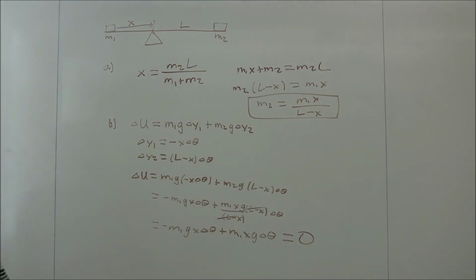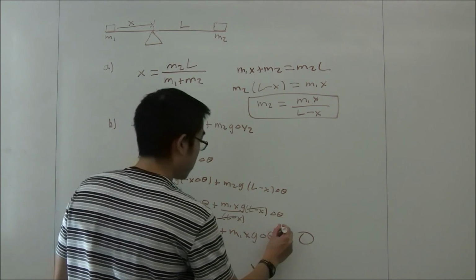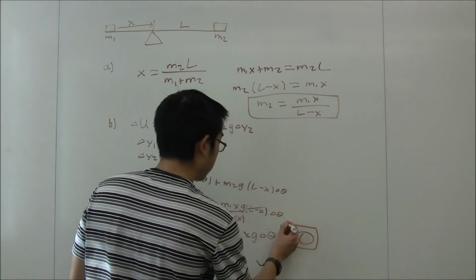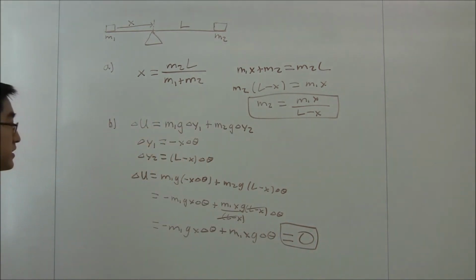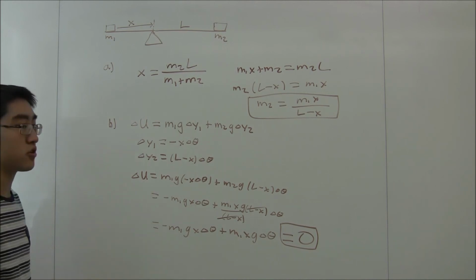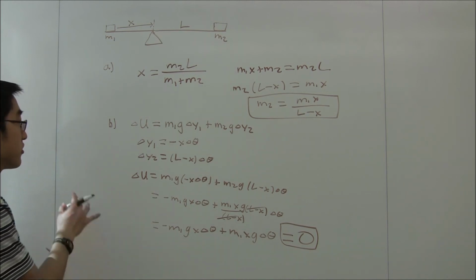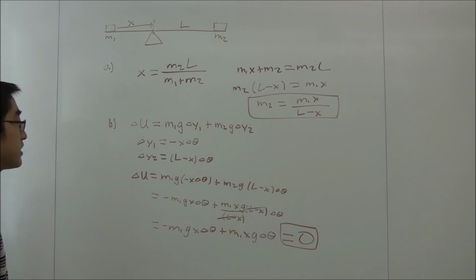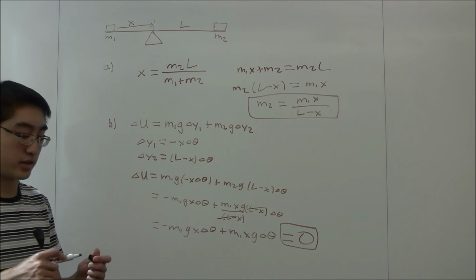So we've shown that delta u is equal to 0, which means that the change in the total gravitational potential energy of the two masses is 0. Therefore, the energy of the system must remain constant.